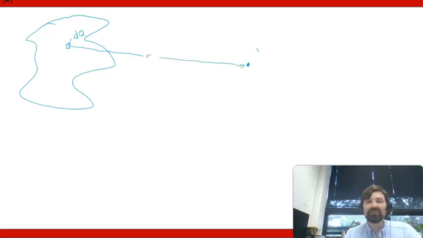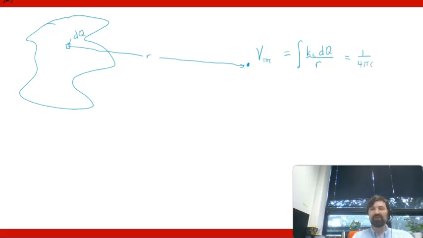If I want to get the total potential here due to all of those, remember that integration is akin to summation, but for very small elements being added. So you could do K sub C times the differential element of charge dq over r, or if you prefer, 1 over 4 pi epsilon naught times the integral of dq over r. I've pulled the constants out over here, I left the constant in over here, but otherwise this is the basic approach either way.